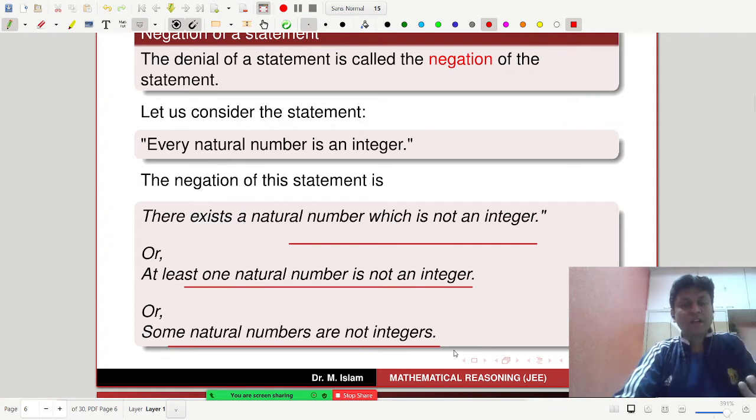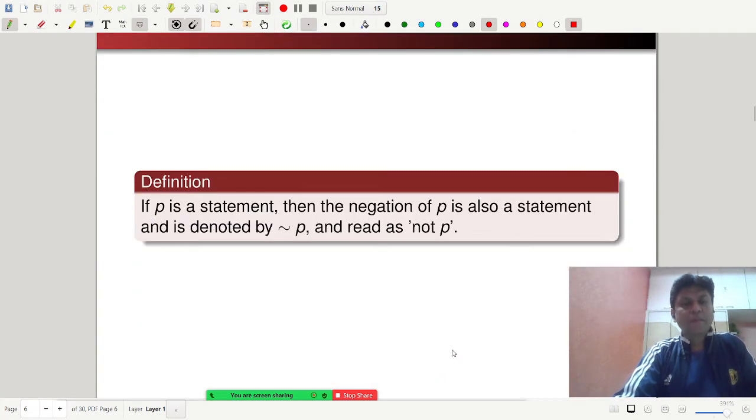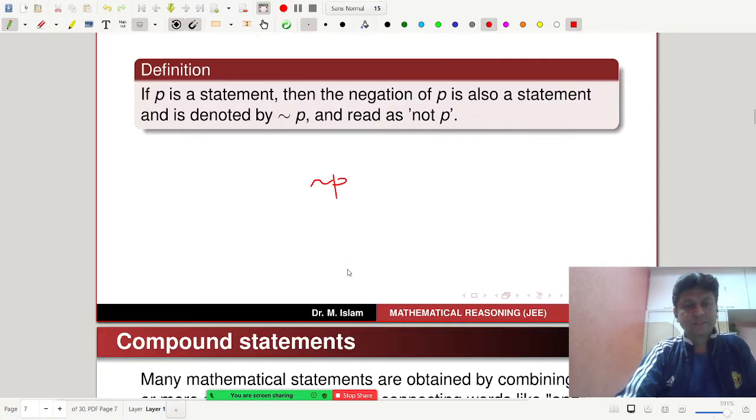So you can explain the negation in different ways. So what is the definition? If P is a statement, then the negation of P is also a statement and is denoted by the symbol ¬P, and read as not P.